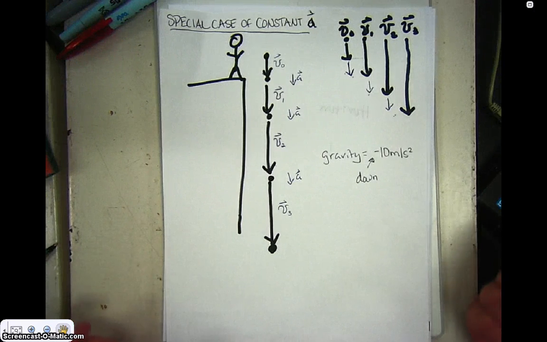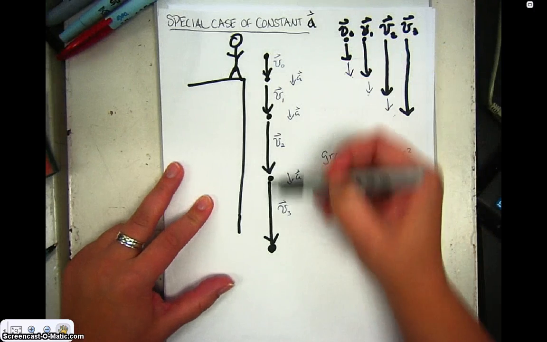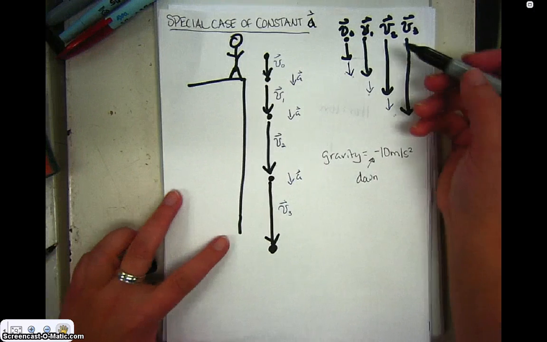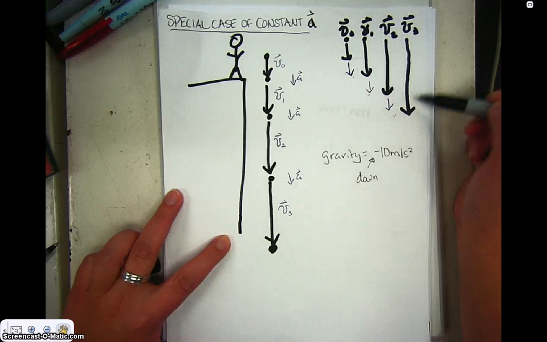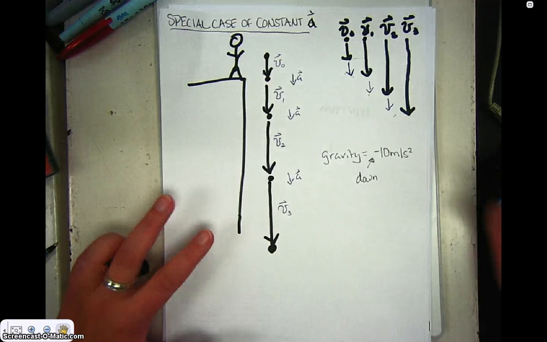Now, because the object's velocity is increasing over time, we know that there's some sort of acceleration. So if we look over here, I have redrawn the velocity vectors. I've just moved them over here so we can see the change in velocity.